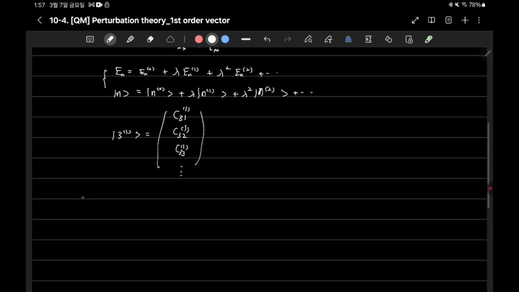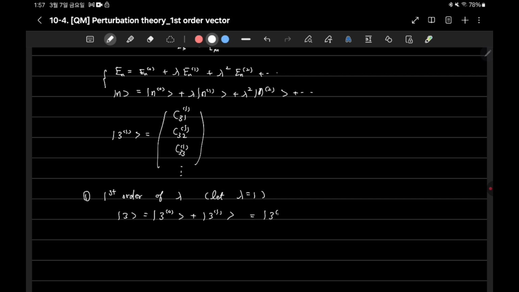We should think about the first order of lambda. Here, let the parameter equal 1. Then the 3 state can be written down as the ground state plus the first perturbed state, not excited, it is the perturbed state.